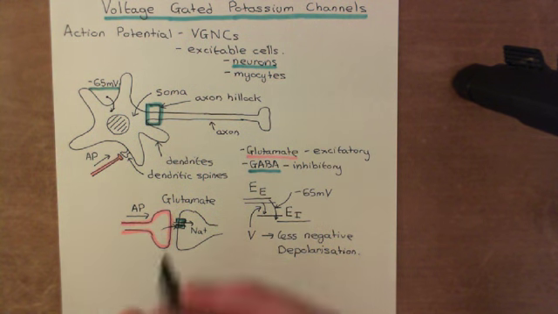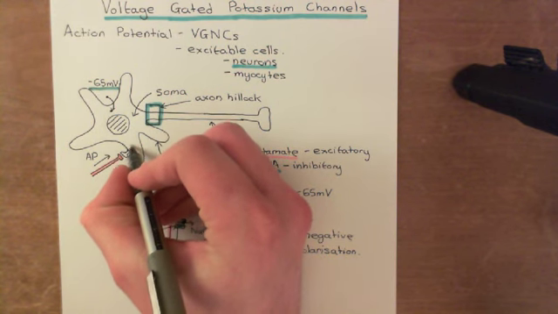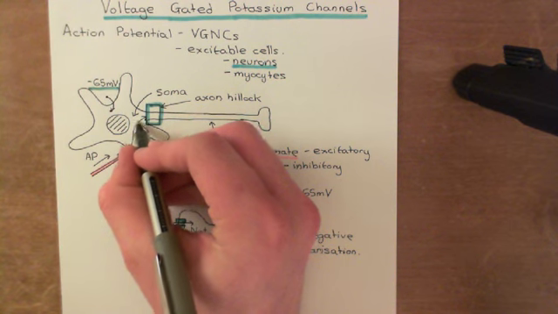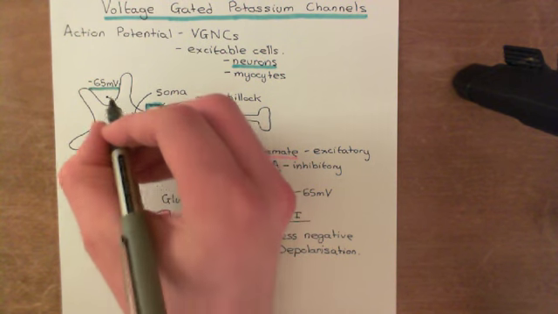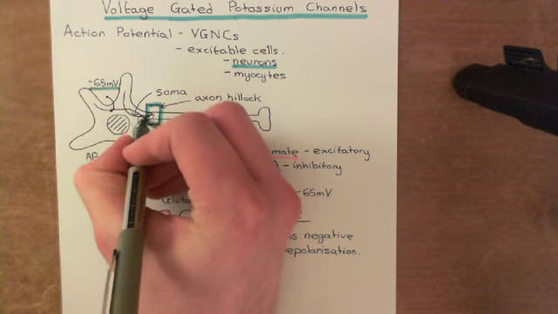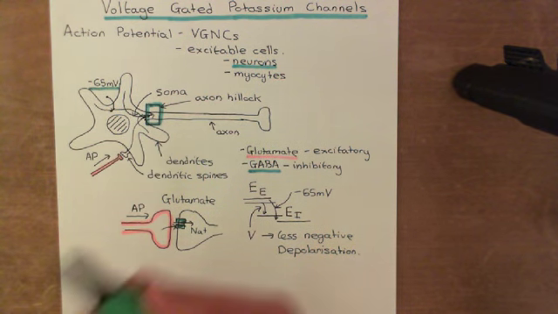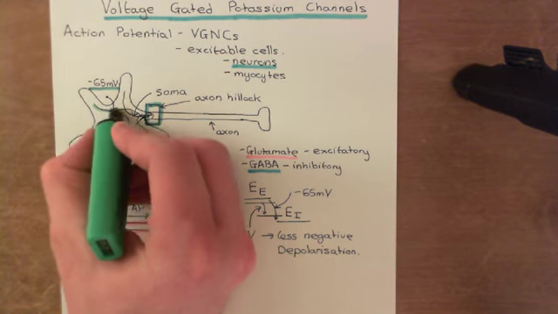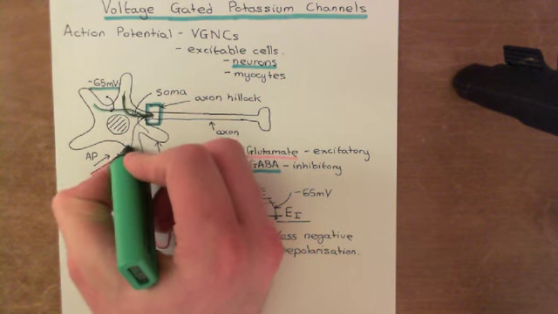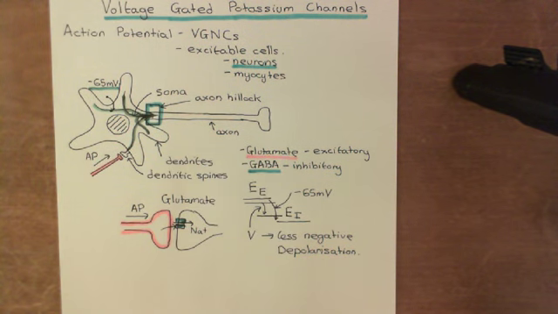Okay, and what happens is all of these sodium currents coming in from the dendritic spines are going to be diffusing into the portion of cytoplasm near the axon hillock here. Okay, so you're going to be getting sodium moving in from all the dendrites, and it's going to be coming to the axon hillock where the action potential can start. Okay, and this is just by random diffusion, okay? The sodium isn't sort of saying, right, we have to head for the axon hillock. It's just some of it will end up going to the axon hillock.